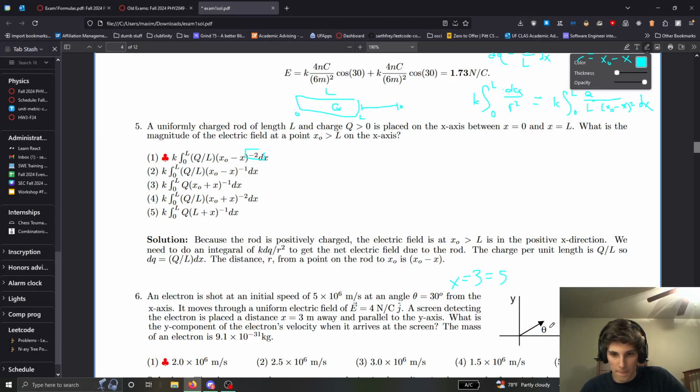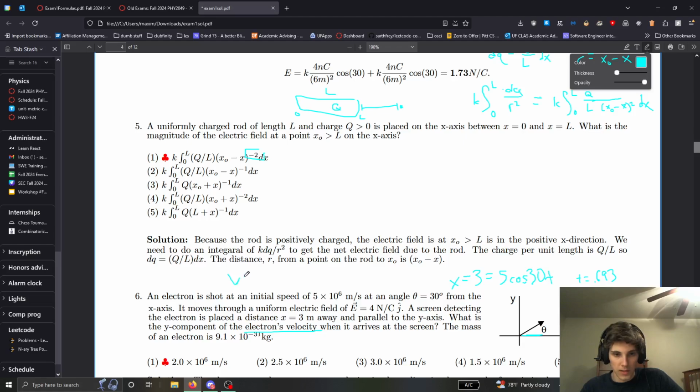We want the cosine here for the x. So cosine of 30, and then times t. If we do 3 divided by 5 divided by cosine of 30, we get that t is equal to 0.693, at which point we can then solve for the velocity when it hits the screen, which we know is at this time.